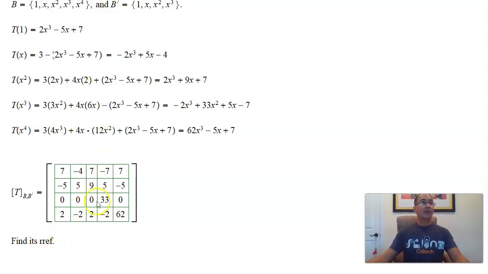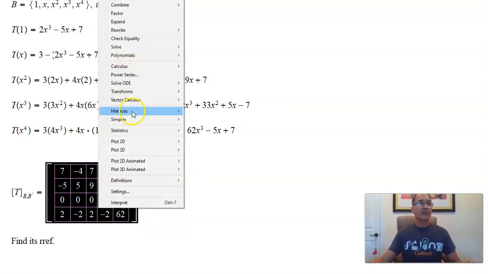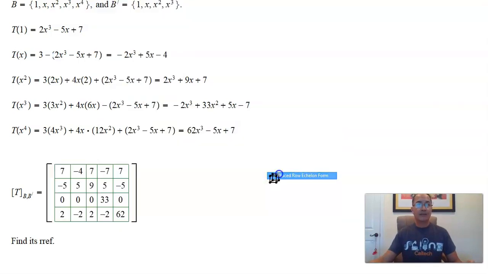Okay, so that is our matrix for T, and it's 4x5, so obviously we're going to have at least one free variable. Maybe we'll get 2 free variables. Who knows? All right, ready? Compute the RREF.